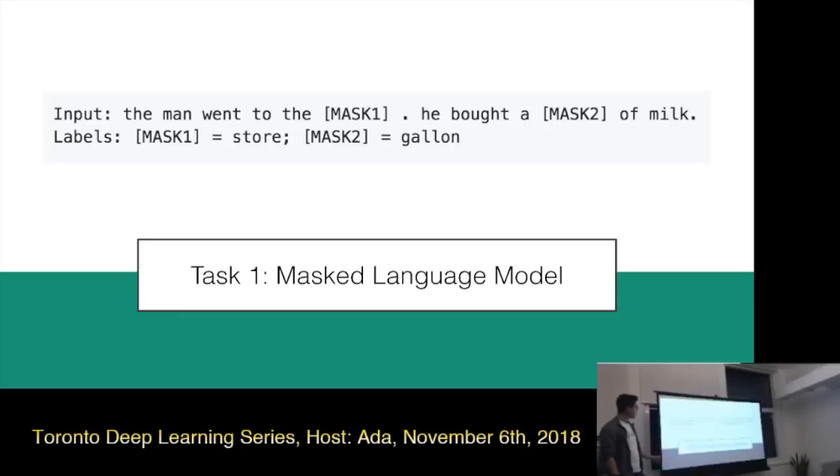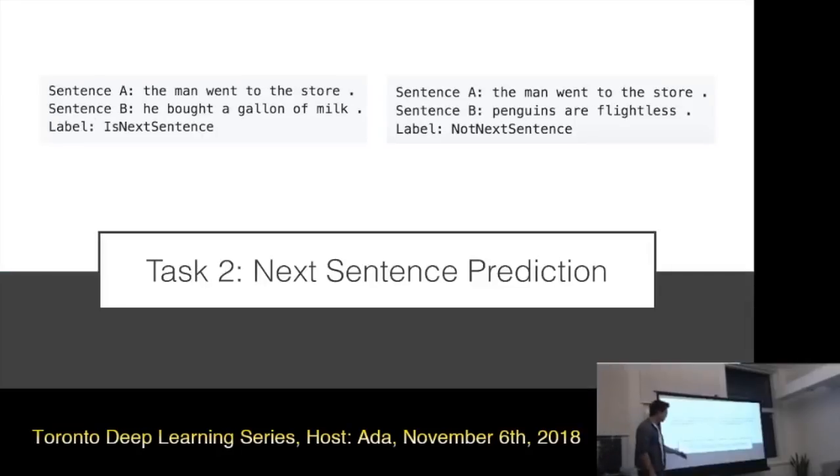This next task, next sentence prediction, will do exactly that. There are two sentences, sentence A and sentence B, and the model has to output a label of whether sentence B comes after sentence A in the original text, or whether it's just a random sentence from anywhere else.